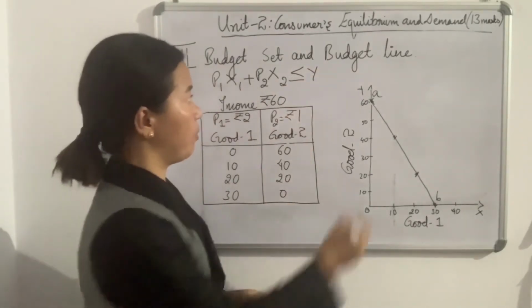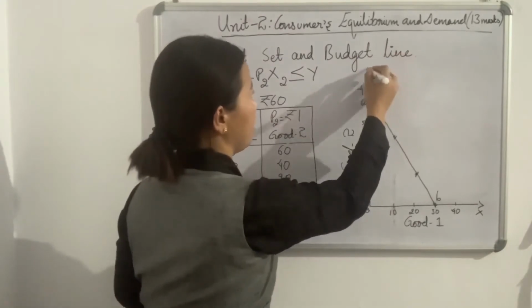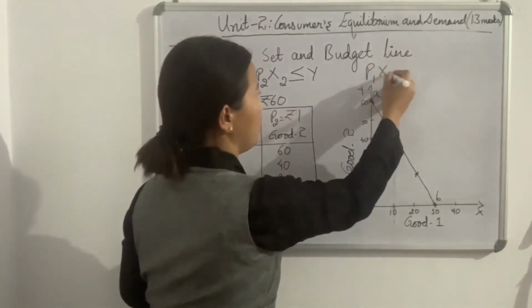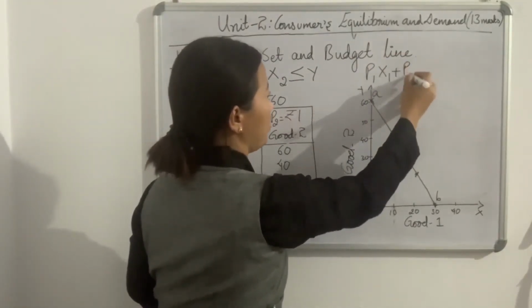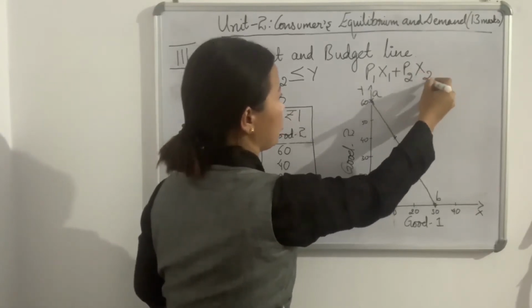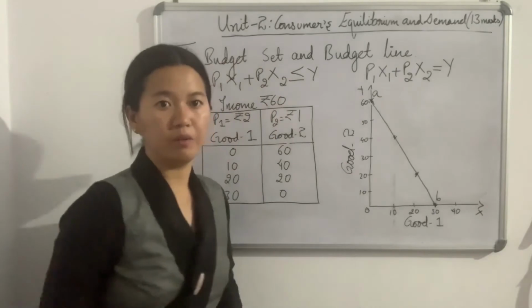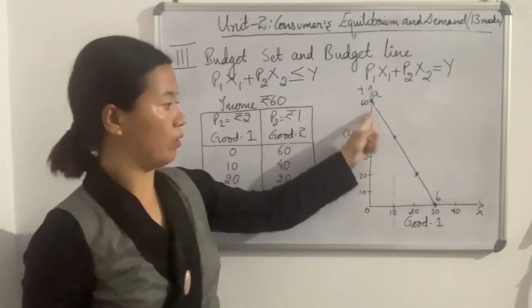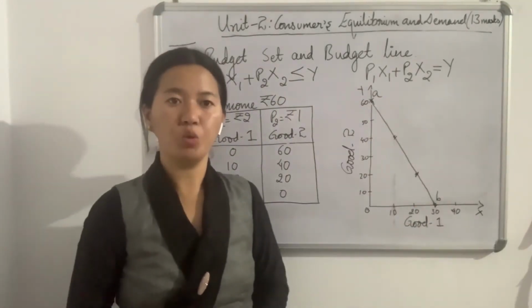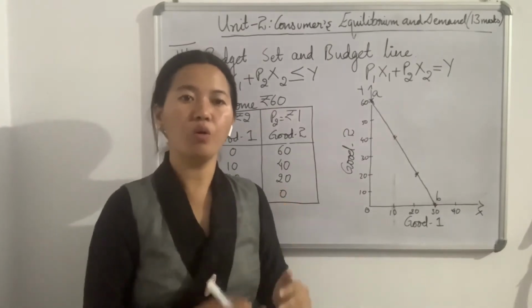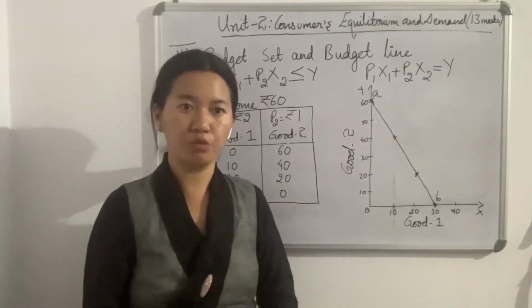And when we talk about the budget line, the equation for the budget line is p1 into x1 plus p2 into x2, which should be equal to your income. So when you talk about AB, you are spending your whole income on the purchase of two commodities.